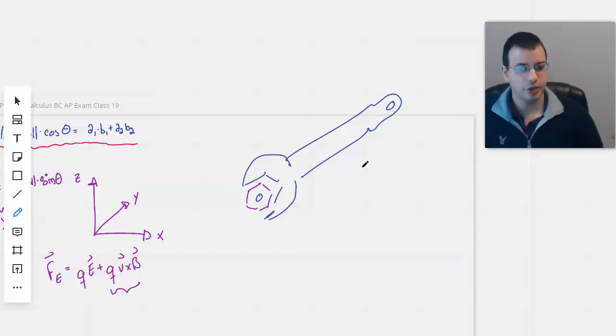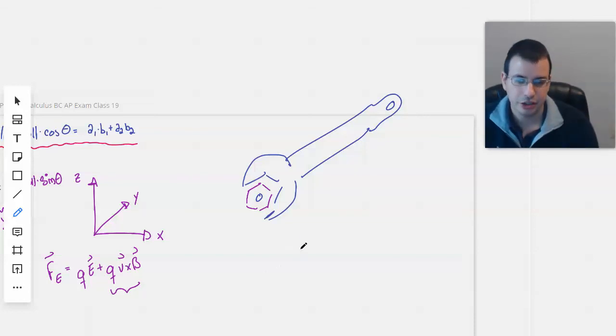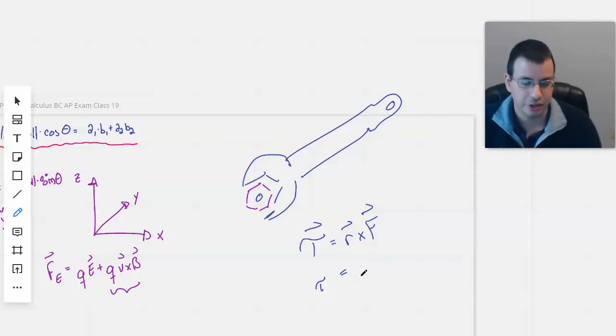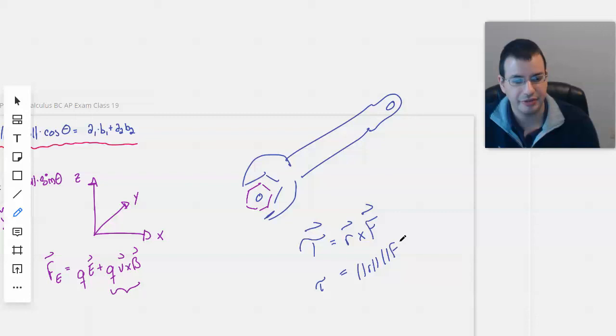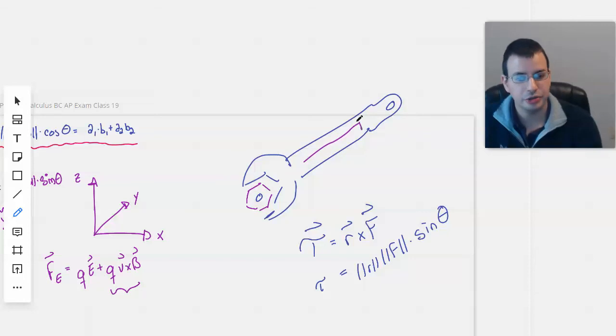When you want to tighten it, the formula for torque equals R cross F. So the magnitude of torque, without the vector, would be magnitude R times magnitude F times sine of theta. What the sine of theta means is, this is your radius, and this would then be your force.